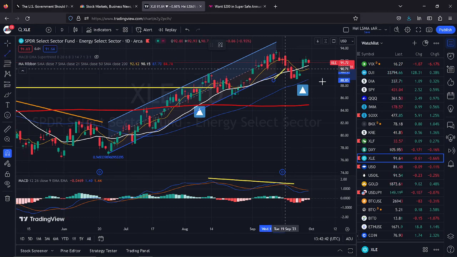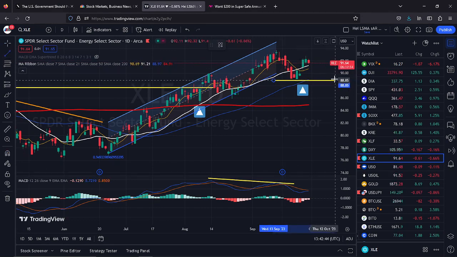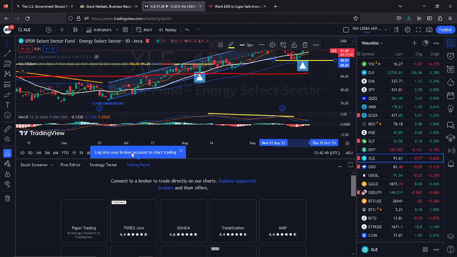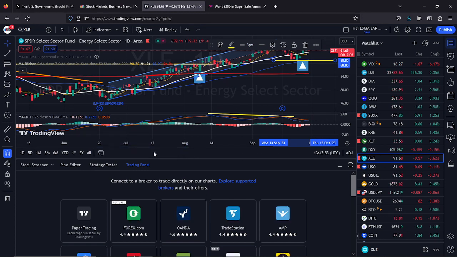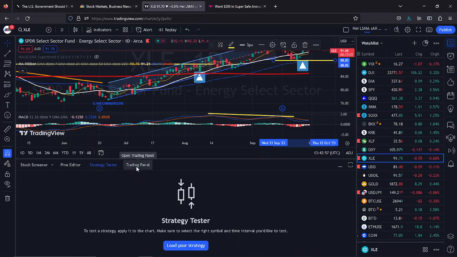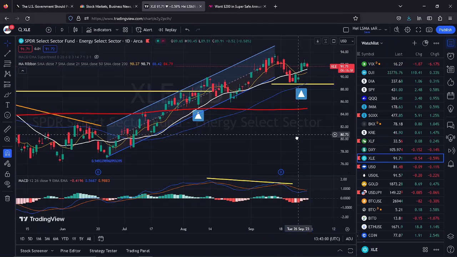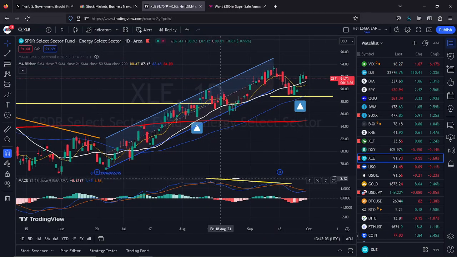The previous low is here. The problem with this is really the MACD giving us a little reversal.